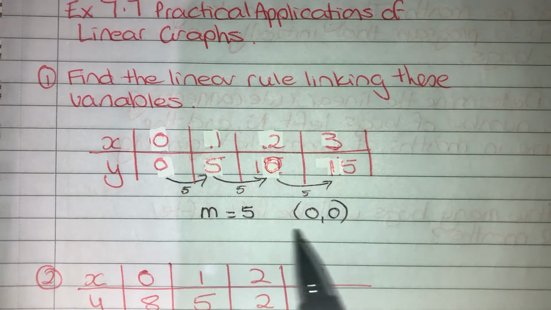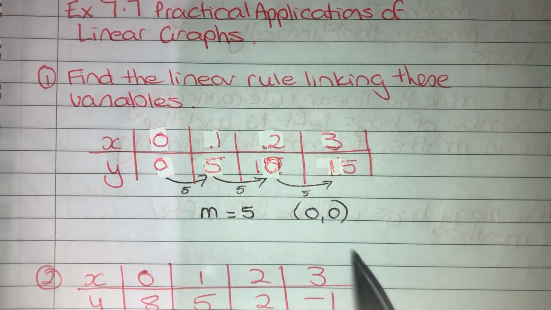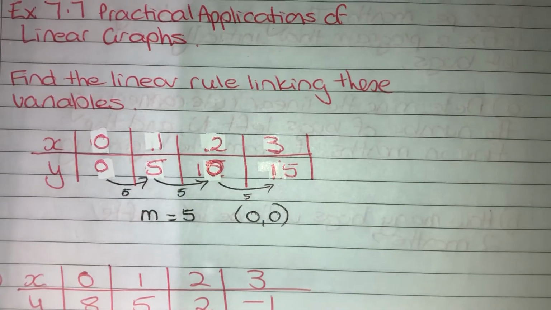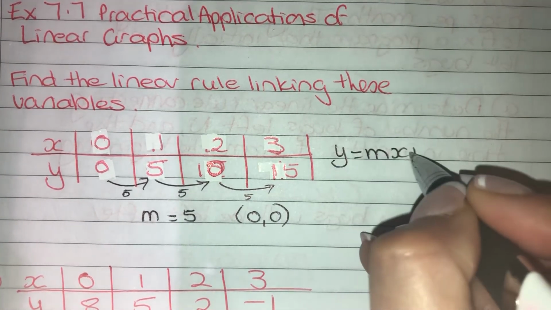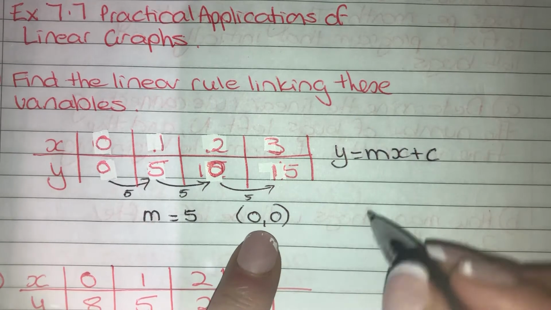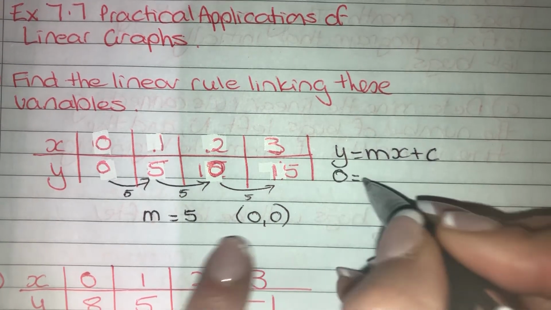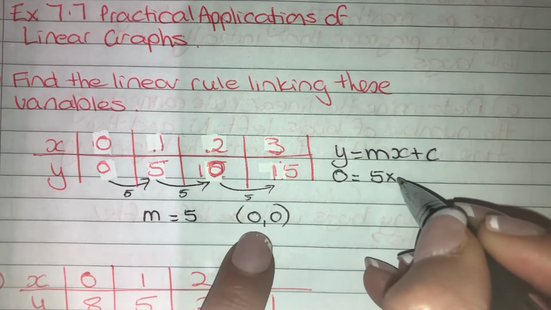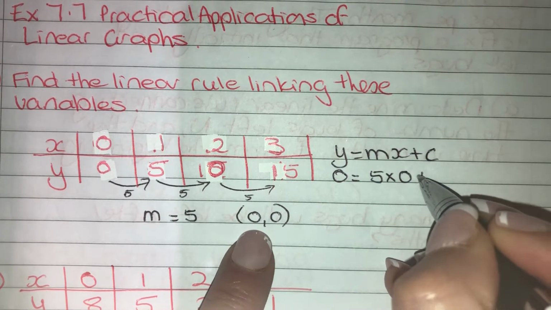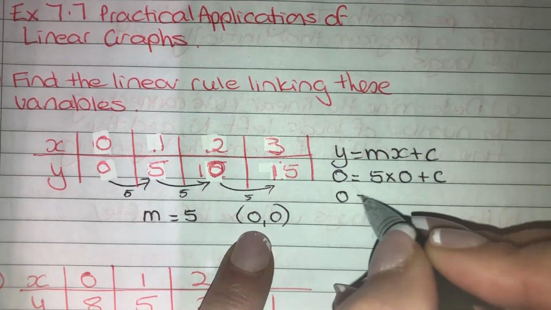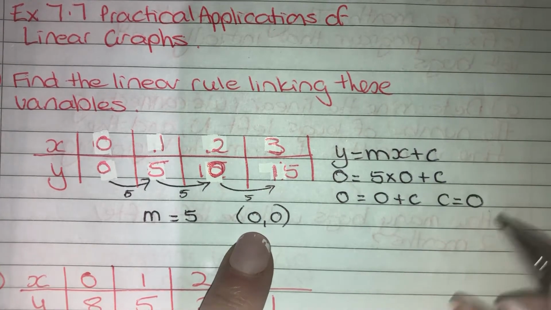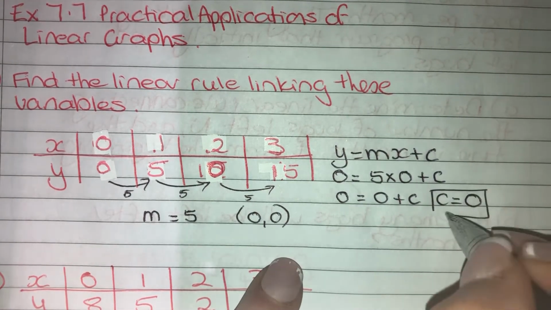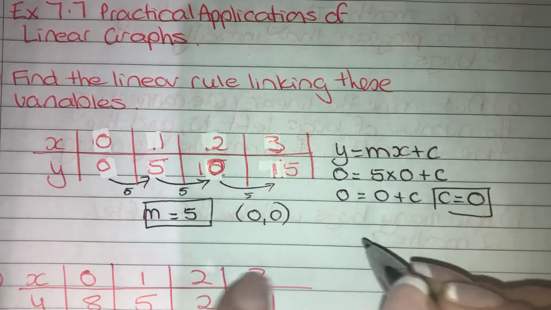Now, when we have the gradient and 0, 0, remember, we find c, and then we plug it in. So we've got y equals mx plus c. So we're going to put y is 0, gradient is 5, x is 0, plus c. We're going to get 0 equals 0 plus c, so c is equal to 0. So we've got c equals 0, and the gradient equals 5.